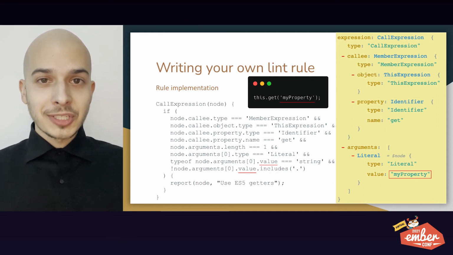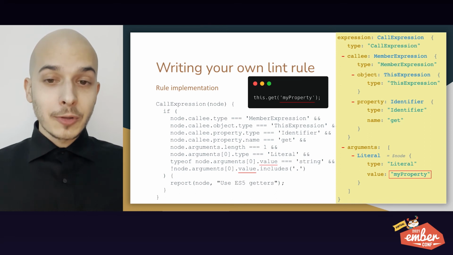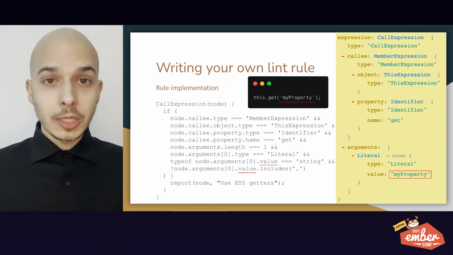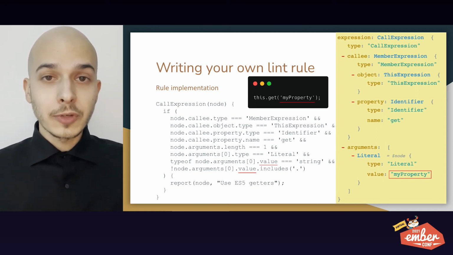So if the linter gets this far, then we found the particular structure that we're looking for, and we can report a violation with an error message indicating the problem and potentially suggesting a fix.